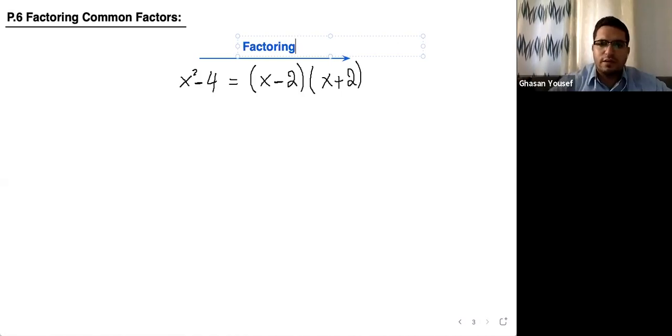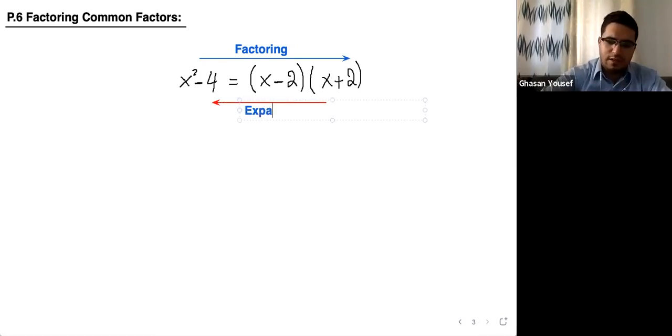But if we go in the opposite way, like this, it is called expanding. So from this side to this side is called factoring. From this side to this side is called expanding.